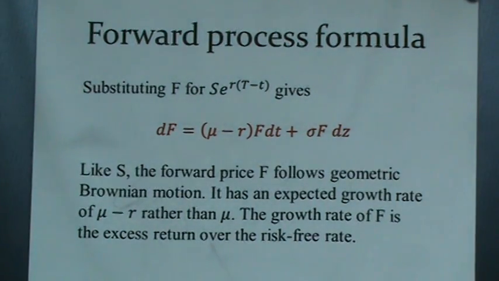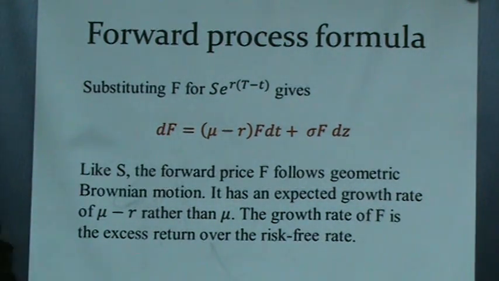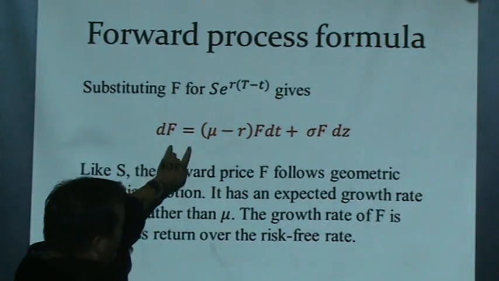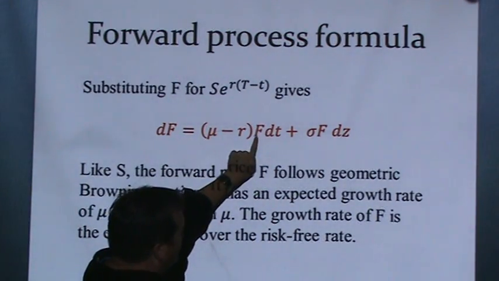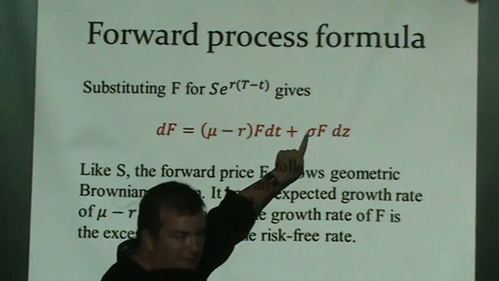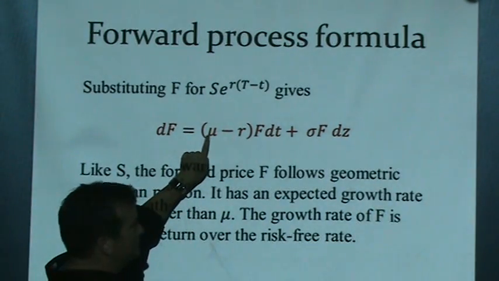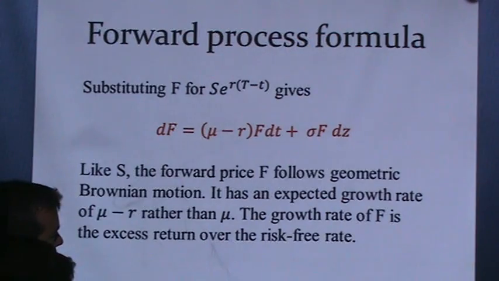So the forward price derives its value from the underlying stock price. The forward price changes at a rate of mu minus r times the forward price times dt, plus sigma, this is the sigma of the original stock price, and this is the mu of the original stock price, and this is the interest rate of the world around these two.